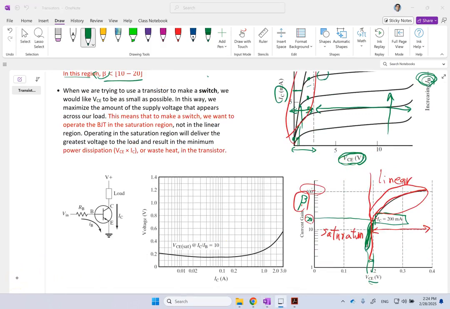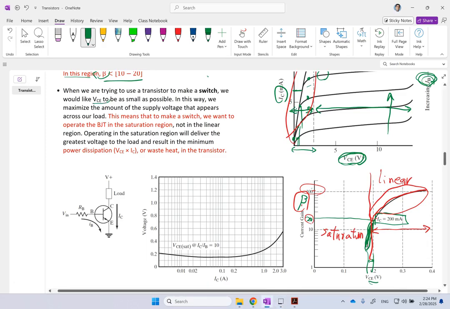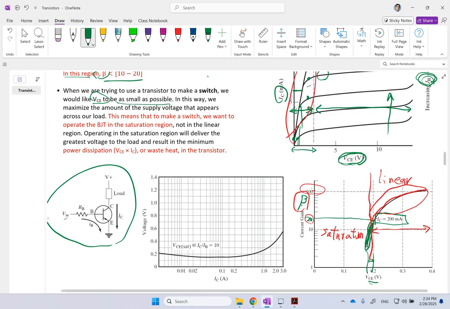Now, another way to explain this is, as you can see here, in the switching state, in the saturation state, in the switching operation, we want VCE to be as small as possible. Why? Here you can see a diagram, and I'm using this transistor to switch your voltage here, make it on and off. This is V plus, this is your load, right?